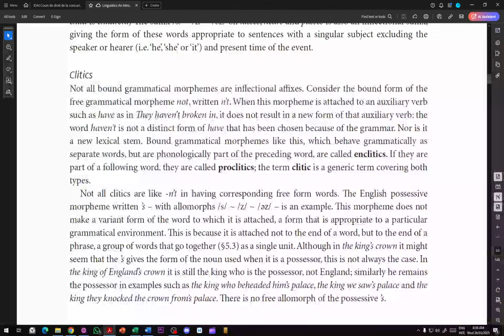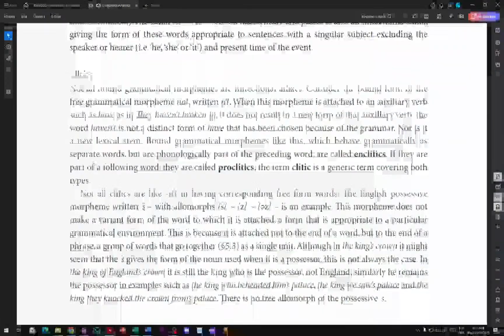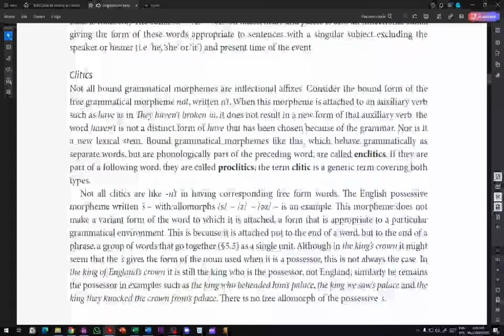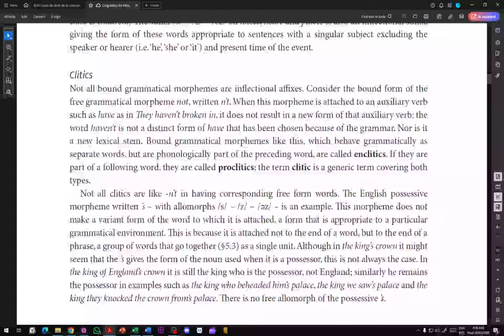As they haven't broken in. Bound grammatical morphemes like this, which behave grammatically as separate words but are phonologically part of the preceding word, are called enclitics. If they are part of the following word, they are called proclitics.